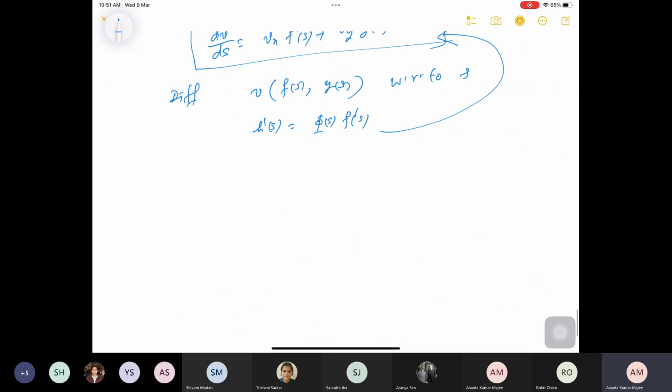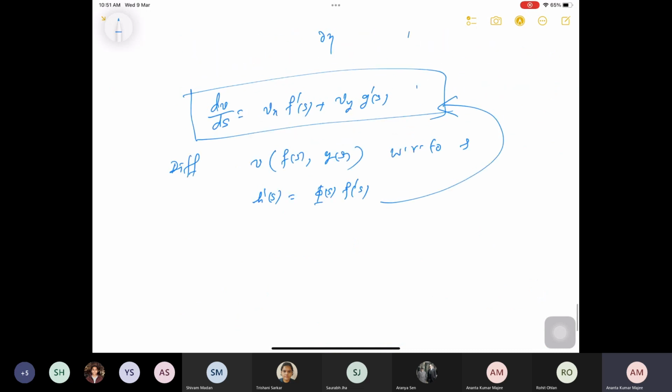So that is why I write down the compatibility condition: h prime of s is equal to phi of s f prime of s plus psi of s g prime of s.